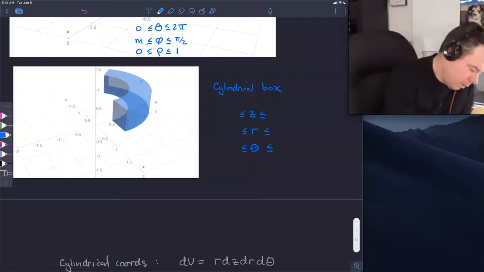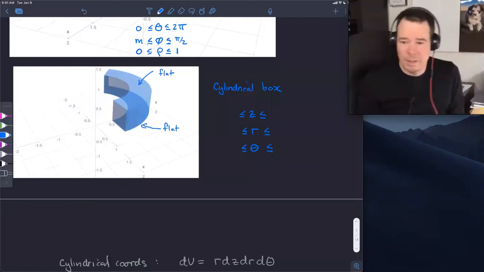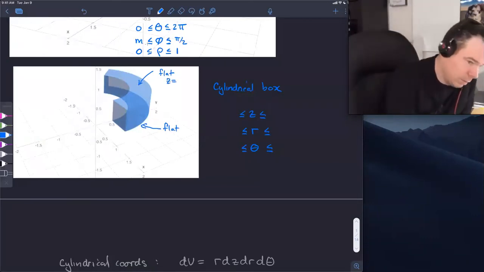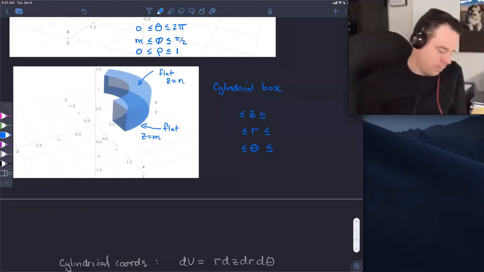The idea is that it looks like we have a flat top and a flat bottom in the Z direction. So it looks like these are constant Z values. Z is equal to some value, I'll say N, and Z is equal to some other value M.